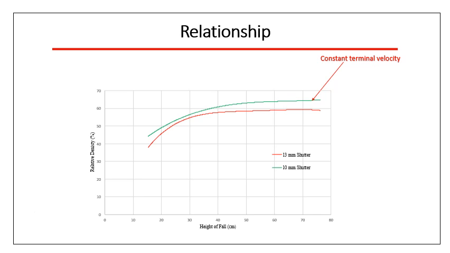This is called achieving constant terminal velocity, because after achieving terminal velocity, a further increase of height does not increase the relative density.